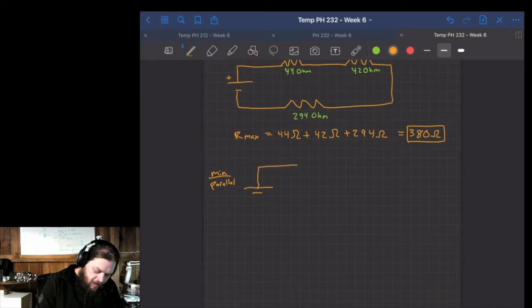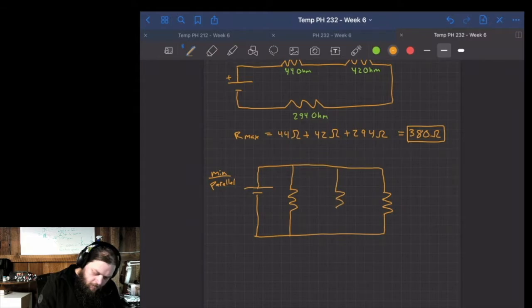So to do that, I could draw the three of them like I did before. And say this one is 44 ohms, this one's 42 ohms, and this is 294 ohms.